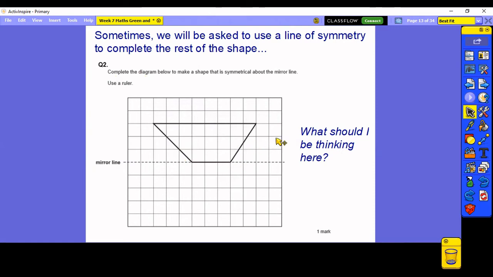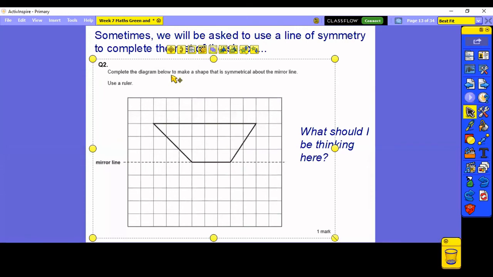But you'll also need to reflect on the things that you were looking at in the translation work yesterday. And that's about labeling vertices to help and support you to create your symmetrical pattern or shape on the other side of the line of symmetry, or the mirror line in this question.